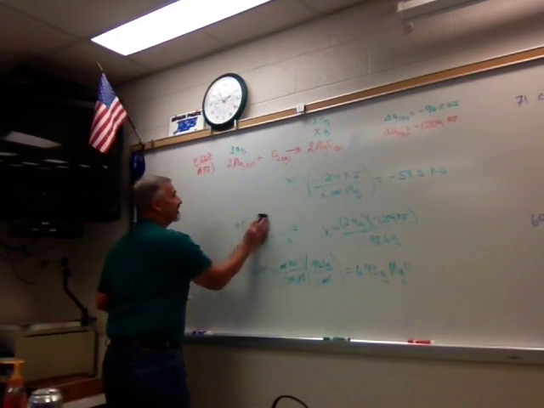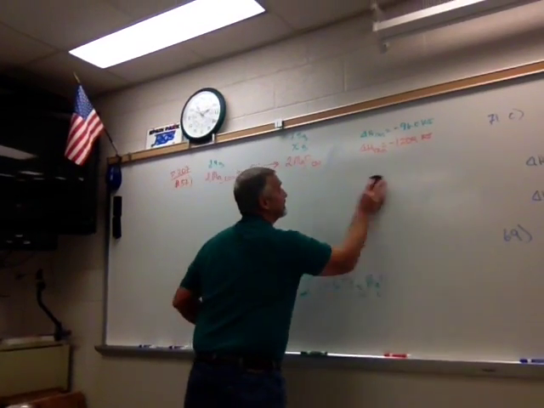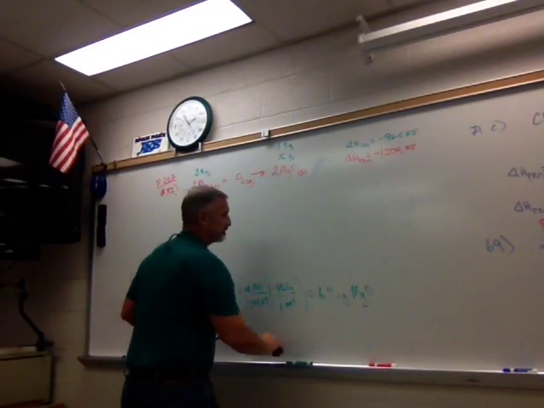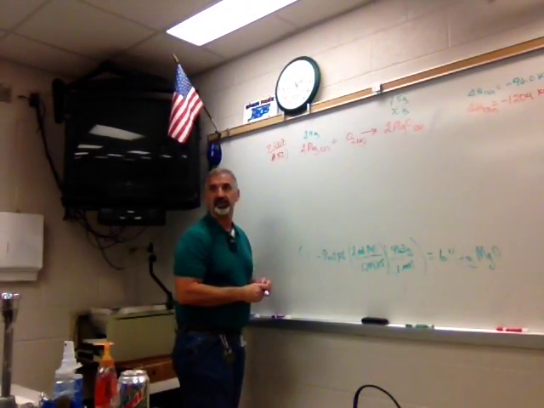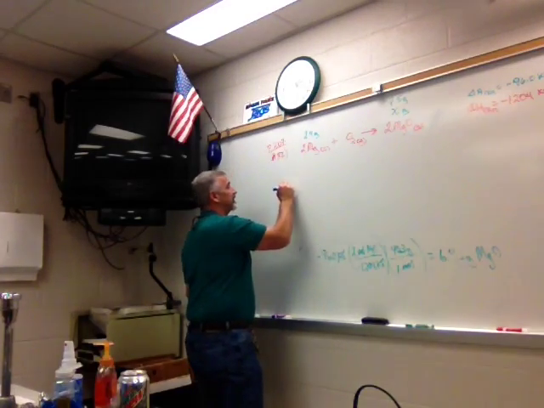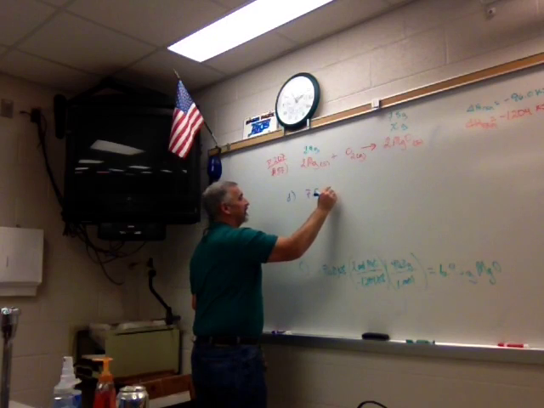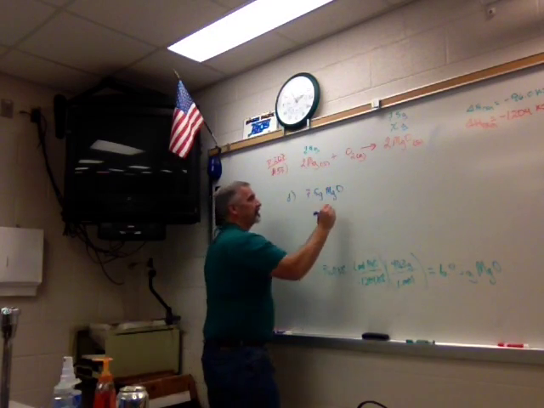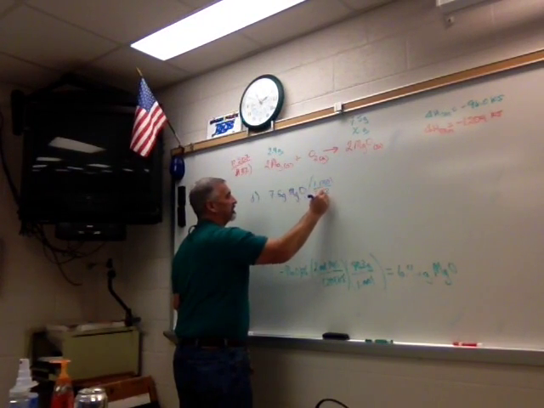So if we want to figure out how much energy is released, or in this case absorbed, what do we start with on D? .5 grams of MgO. What do we need to convert that to? 1 mole over 24.3 grams.